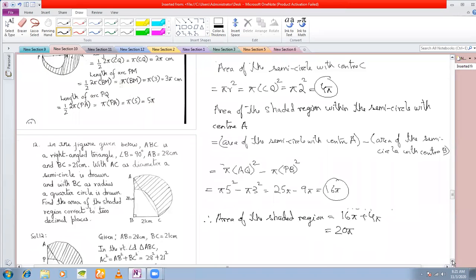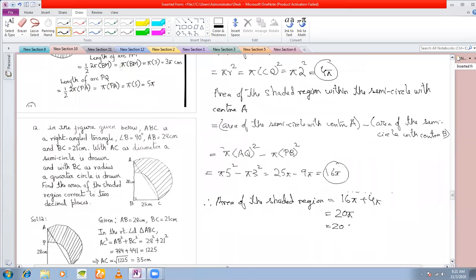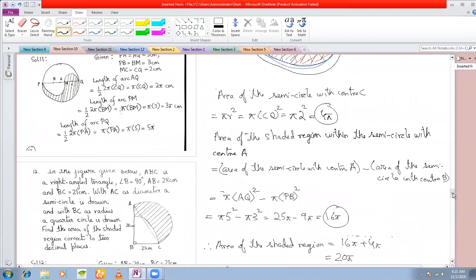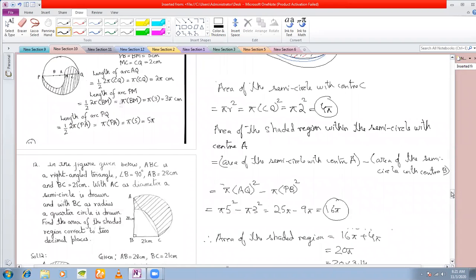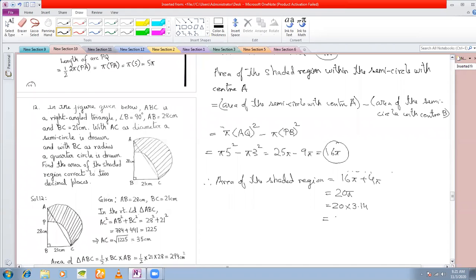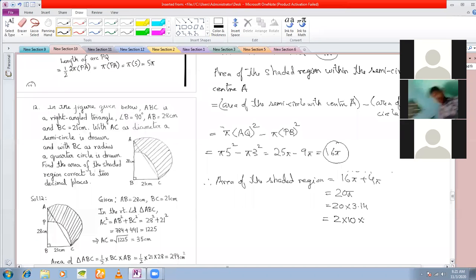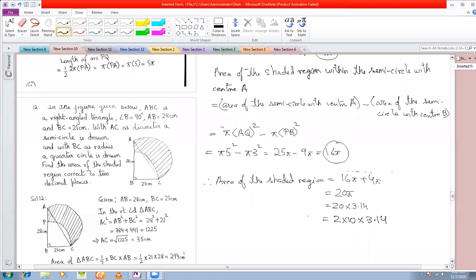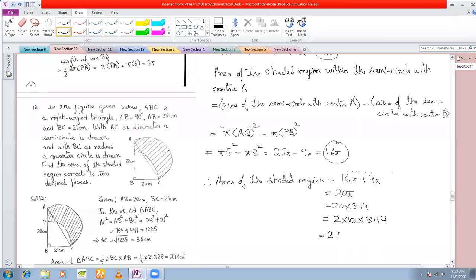Now you can put the value of pi. 20 into 3.14. So this is 2 into 10 into 3.14, which is 2 into 31.4.